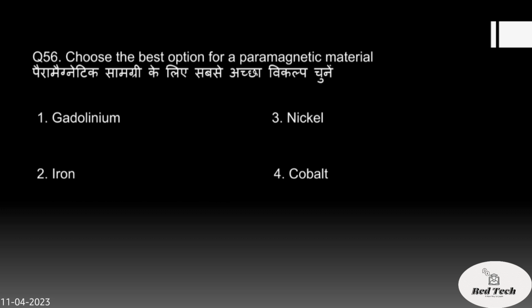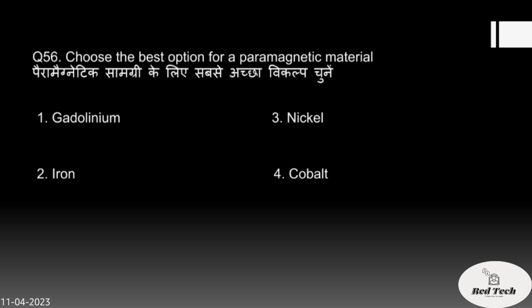Question number 56. Choose the best option for a paramagnetic material. In the MRI section I have discussed all these basic details of MRI. You can watch the video to clarify your basics of MRI, because in this whole question paper I have seen that in the MRI section only basic questions are asked by the examiner.